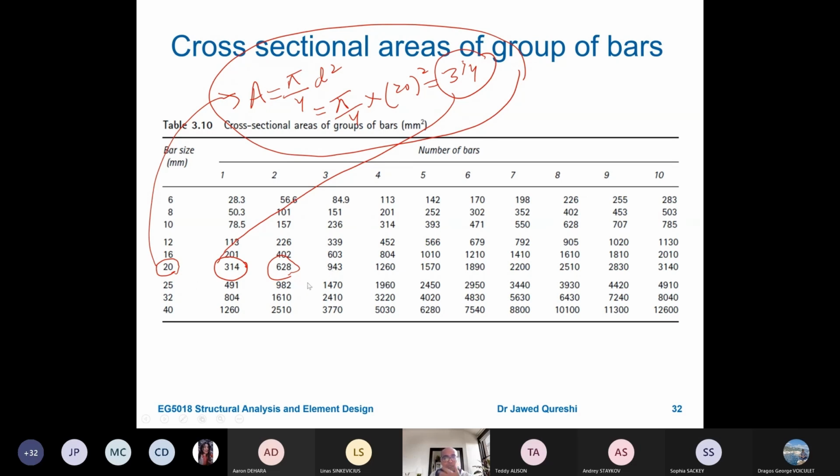But the properties of the steel for tension and compression are the same. So fyk in tension and fyk in compression is the same thing, because steel is a homogeneous material. What this table is showing us is the area of particular bars, so that we can quickly decide how many bars we should put inside a beam.